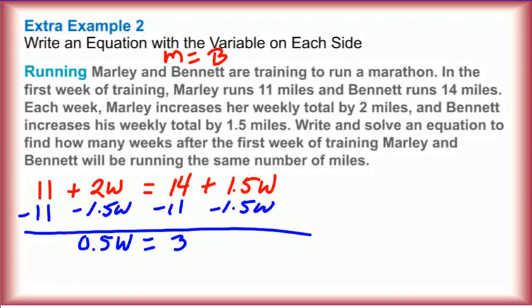So multiplying by 0.5 is divide by 0.5. And the number of weeks it would take. So 3 divided by 0.5 would give us 6. So after 6 weeks, Marley and Bennett would have the same number of miles.